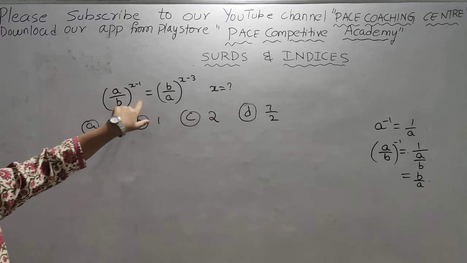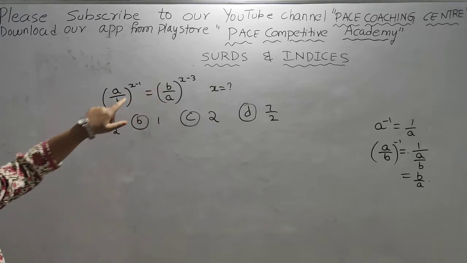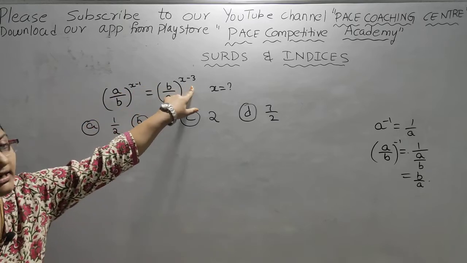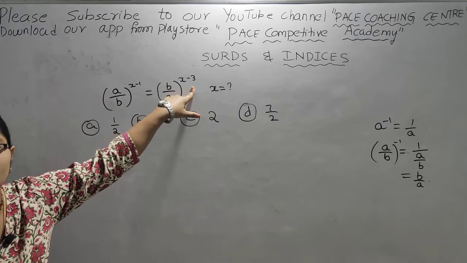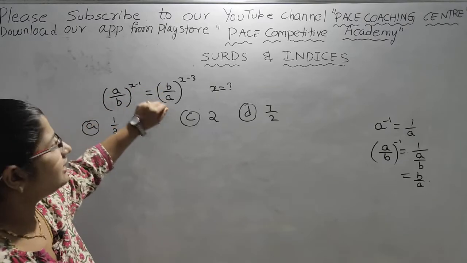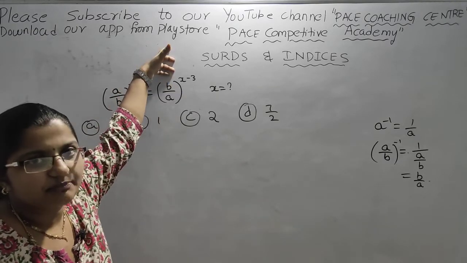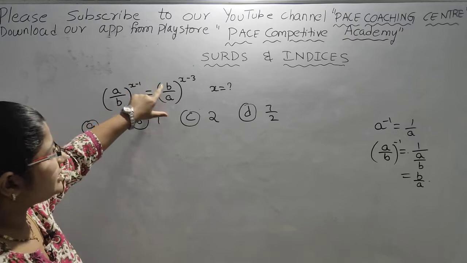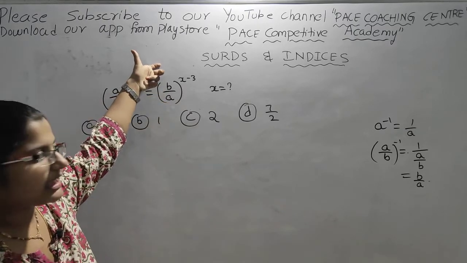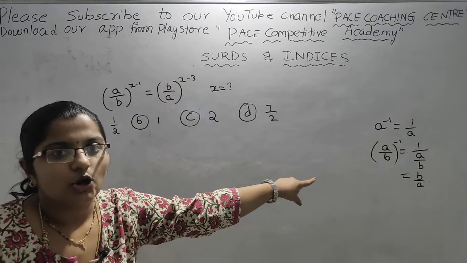If the equal to symbol is there and the bases are the same, we can equate the powers. Here the base is a by b, and here the base is b by a. If I take b by a, I can inverse it as a by b using the law of indices.